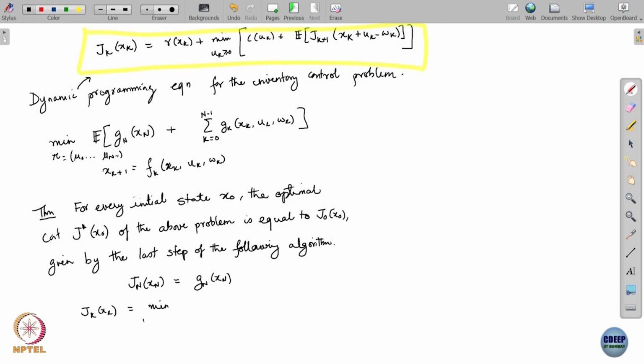You minimize over uk, where the minimization is with constraints uk of xk, the expectation of the cost in that time period, which is gk of xk, uk, wk, plus Jk plus 1, where you substitute xk plus 1 using your dynamics, fk of xk, uk, wk.